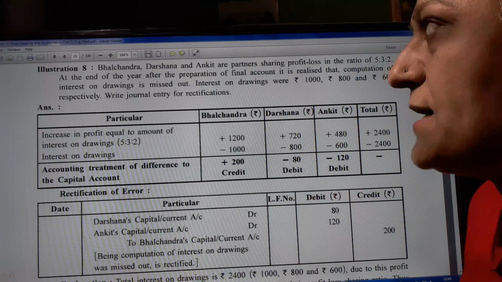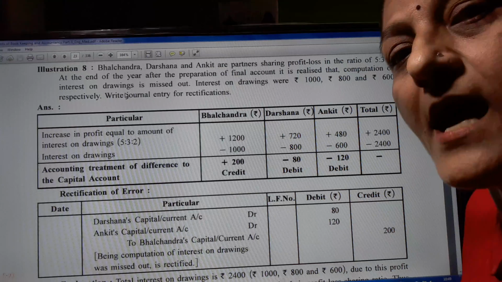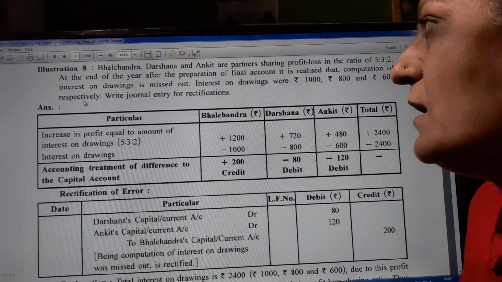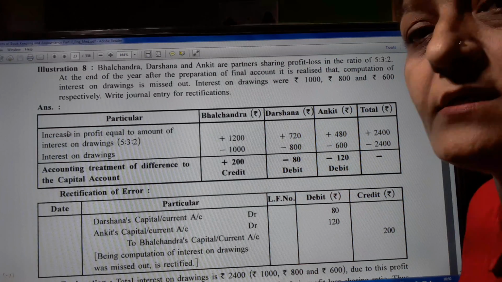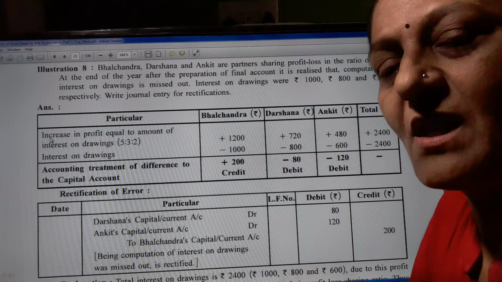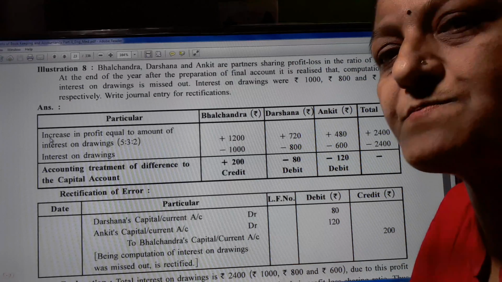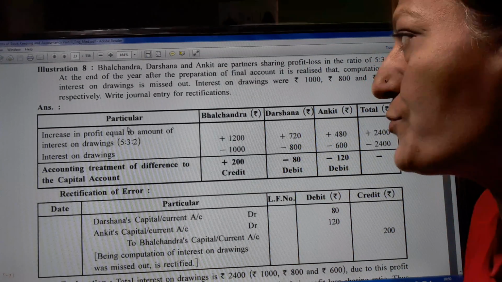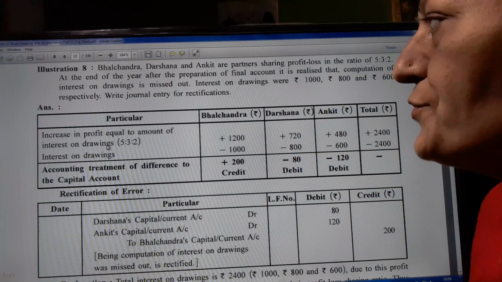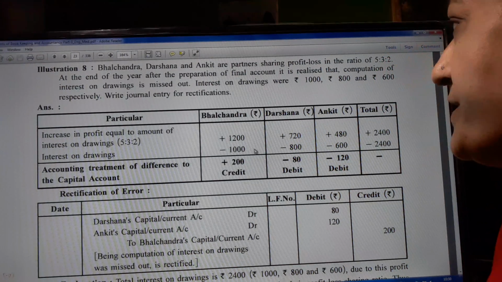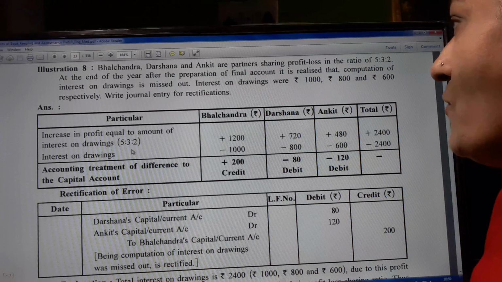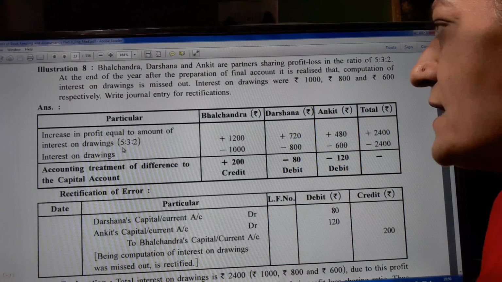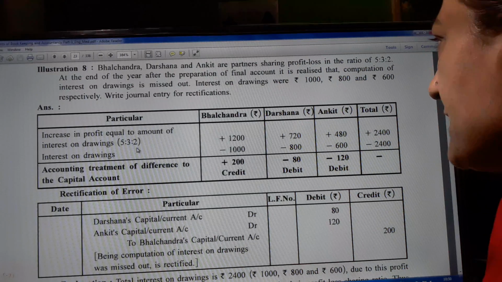Here the drawings interest amount is already given. So first we have to write the increase in profit, because interest on drawings is an expense for the partner, so here the increase in profit is equal to the amount of interest on drawings, in the ratio 5:3:2. 5:3:2 means 5 plus 3 plus 2, that is 5 by 10, 3 by 10 and 2 by 10.